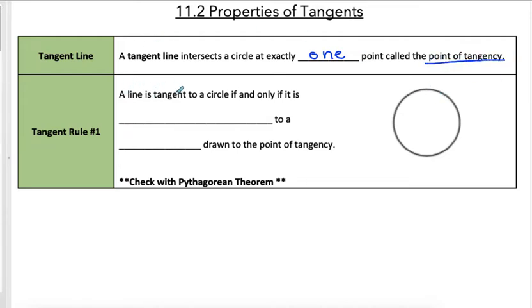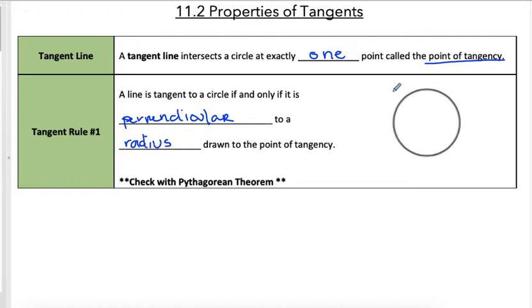A line is tangent to a circle if and only if it is perpendicular to a radius drawn to the point of tangency.